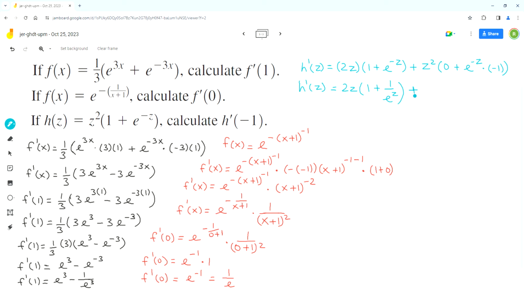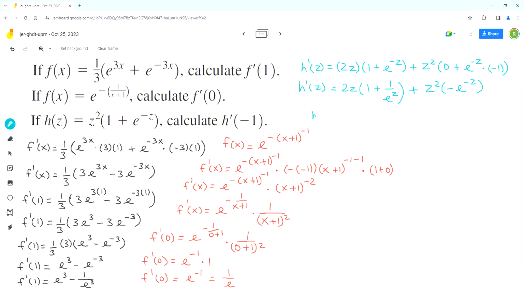Now in the second part, in the parentheses, 0 will go away, and then e to the power -z times -1 will become minus e exponent -z. Now we can move the e to the power -z to the denominator to make the exponent positive. One thing we have to keep in mind is that in order to evaluate terms, the exponent in the term should be positive.